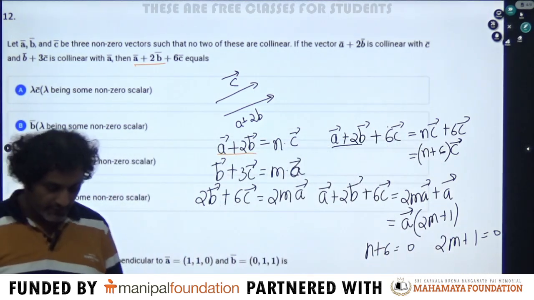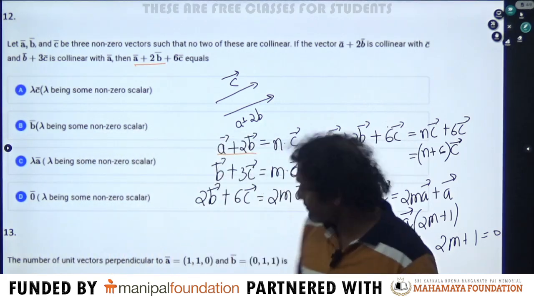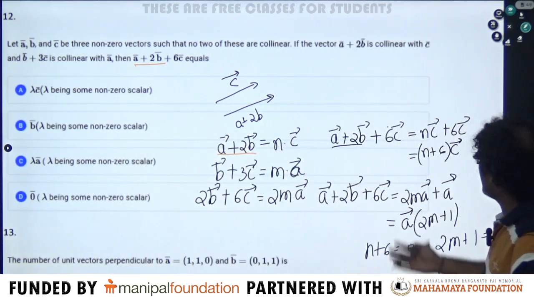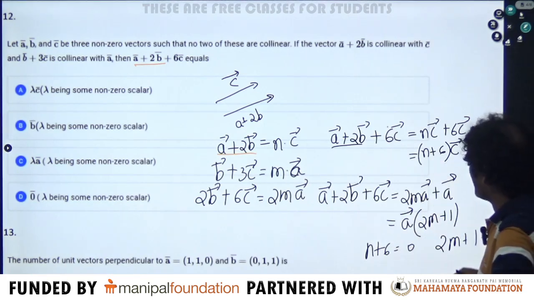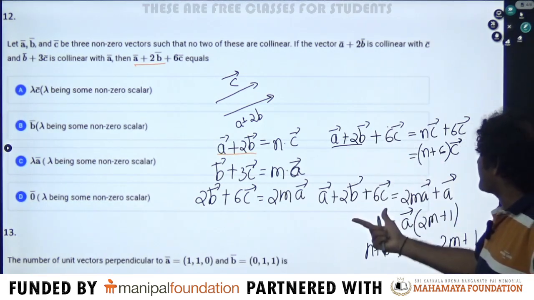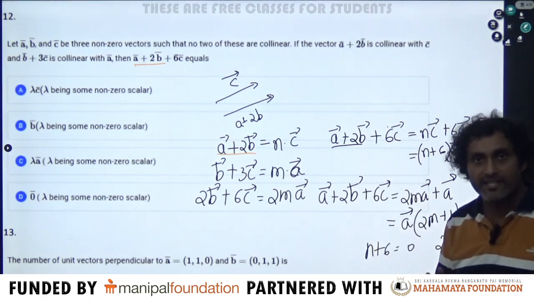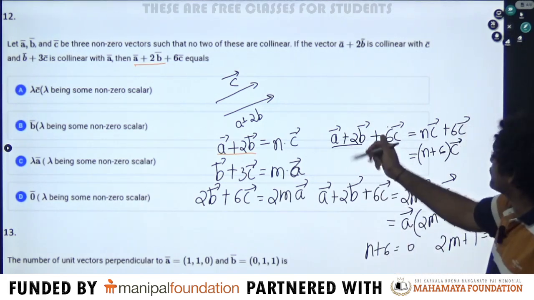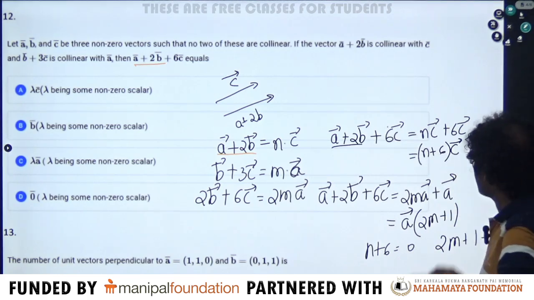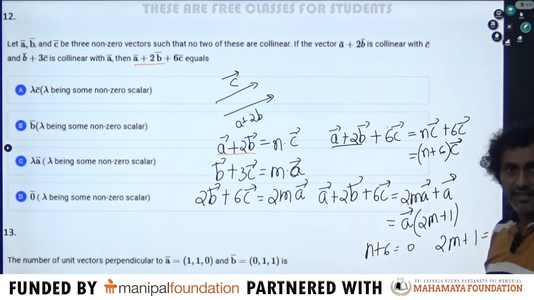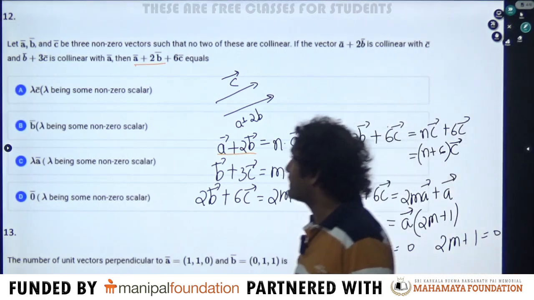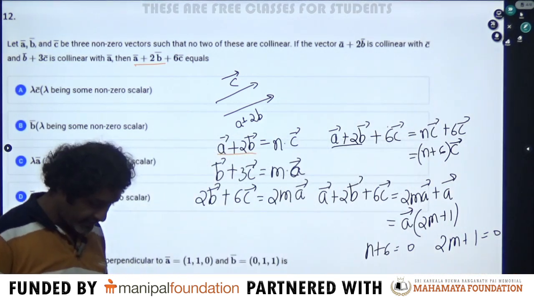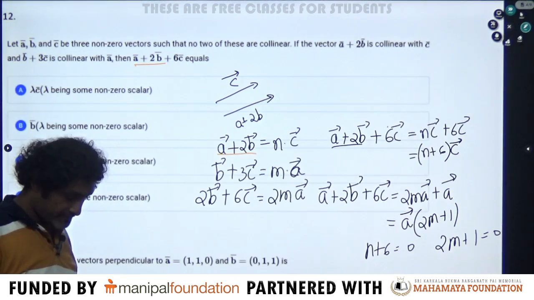Everything is 0 means, shall I add this and this? No need to go further, okay? If I add this and this, I get the same answer twice, right? But this and this are 0, so the whole thing will become 0. That's it. Fine. Is that okay?